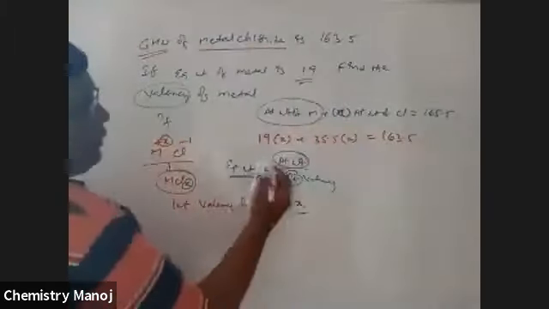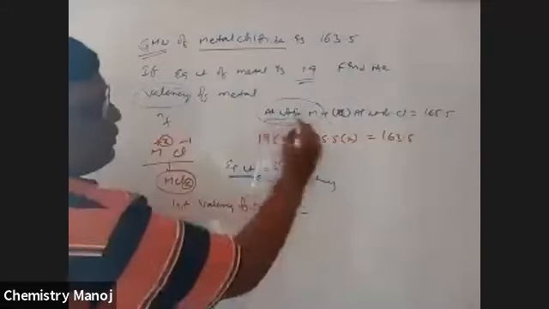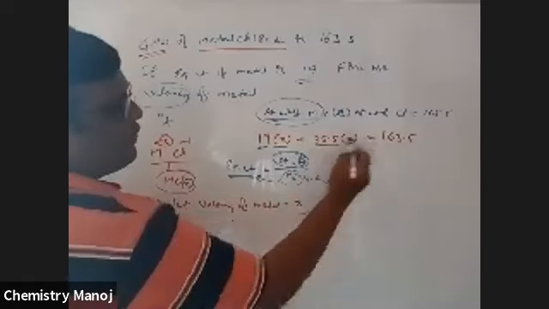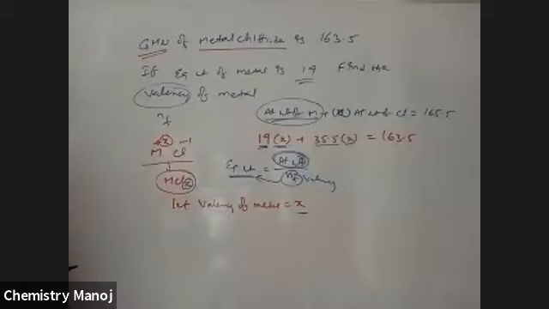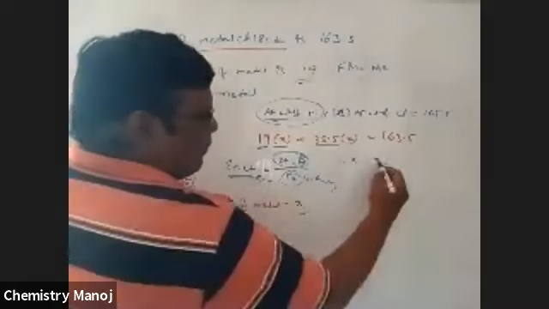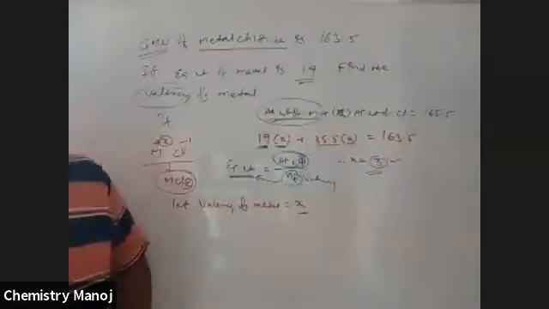So the atomic weight of metal is 19 into X plus 35.5 into X is equal to 163.5. Therefore, X is equal to 3. Final calculation, X is equal to 3. That X is the valency of the metal.